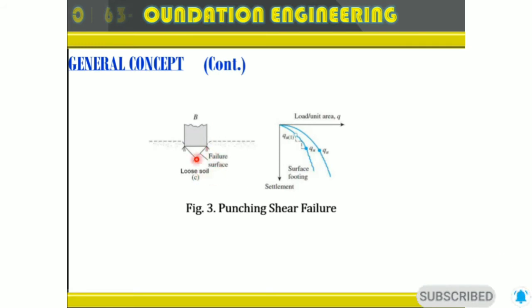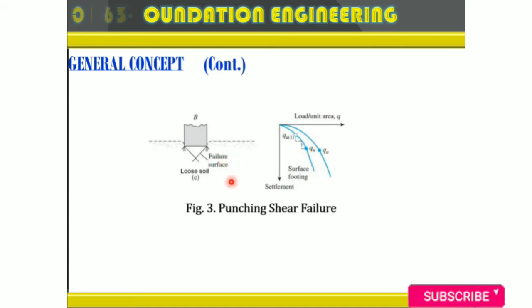so when you are dealing with this loose soil, probably you have to consider the punching shear. You have to remember only three things: first, the general shear failure when you are dealing with dense sand or stiff clay.